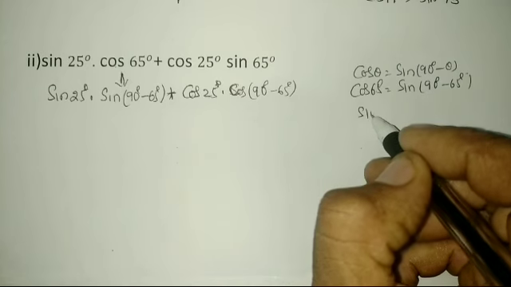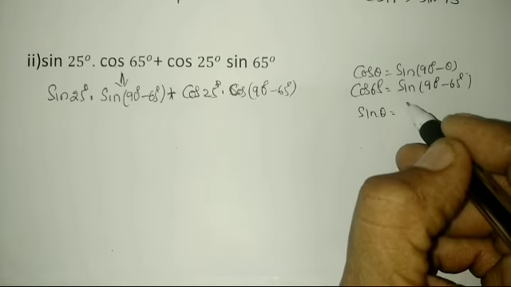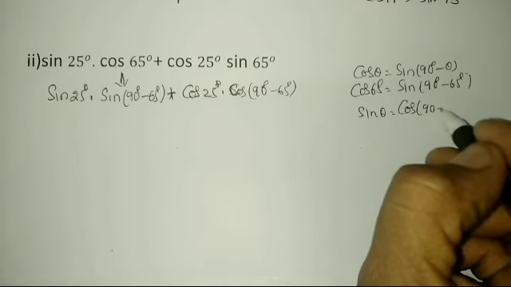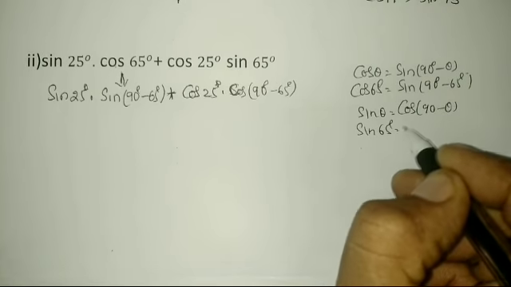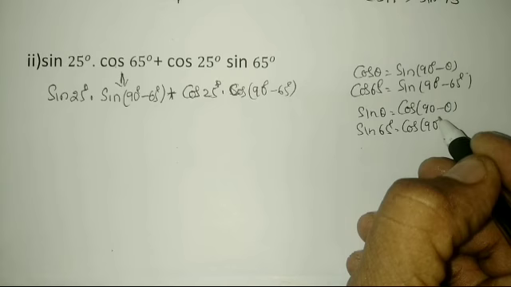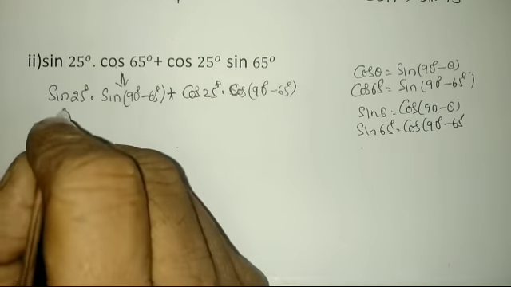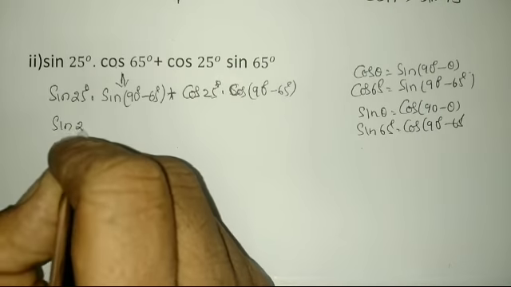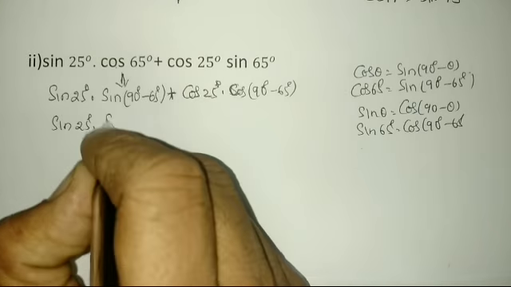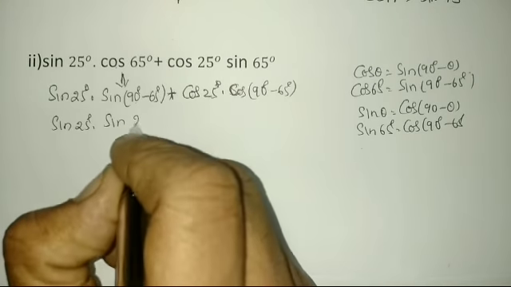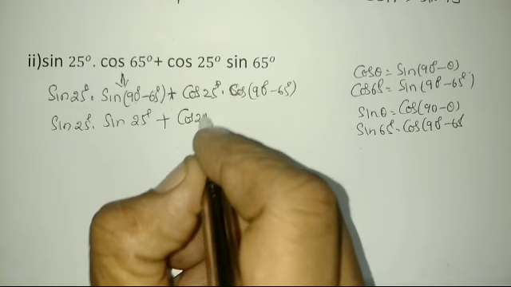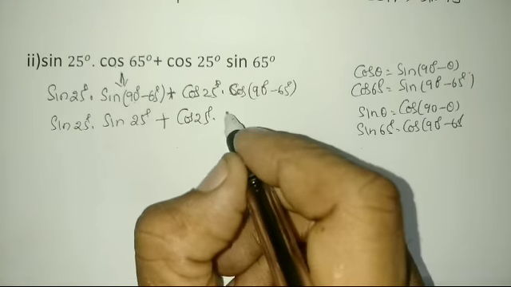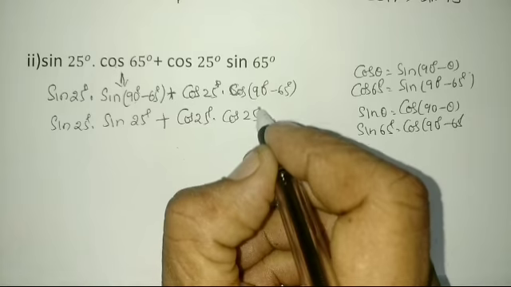Now sin theta equal to cos 90 minus theta, sin 65 equal to cos 90 minus 65. Now sin 25 into, what is sin 90 minus 65? 25 plus cos 25 into, what is cos 90 minus 65? Cos 25.